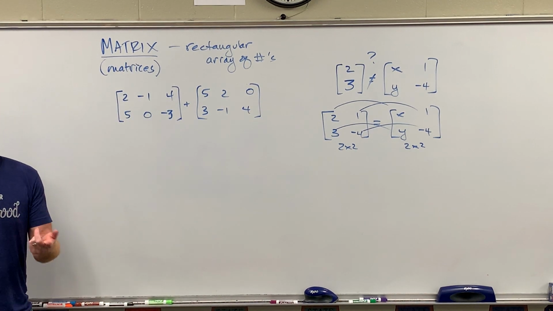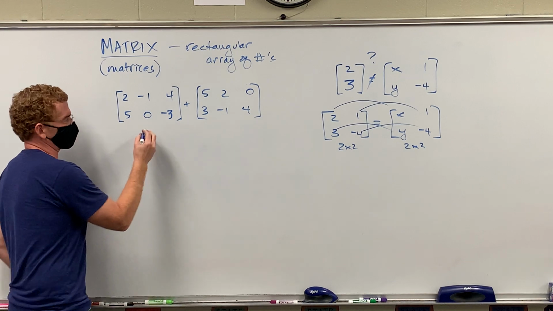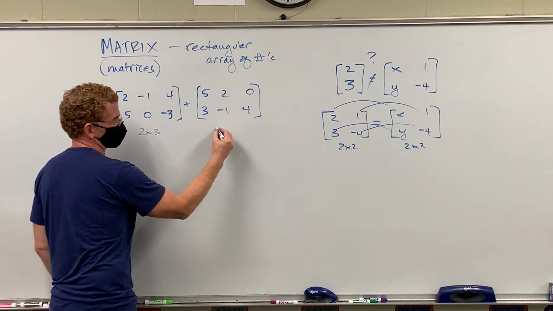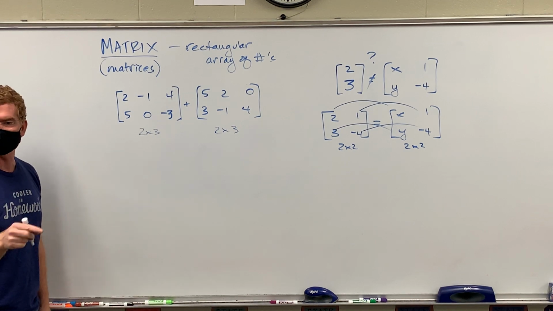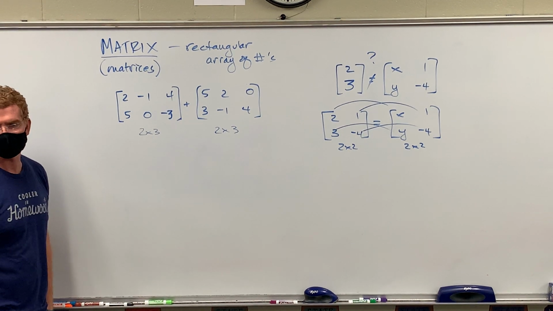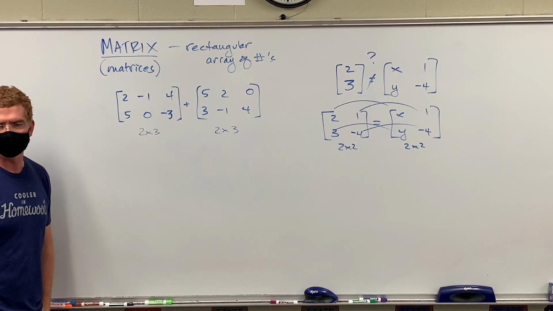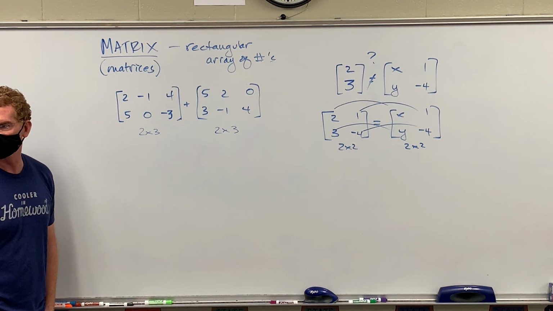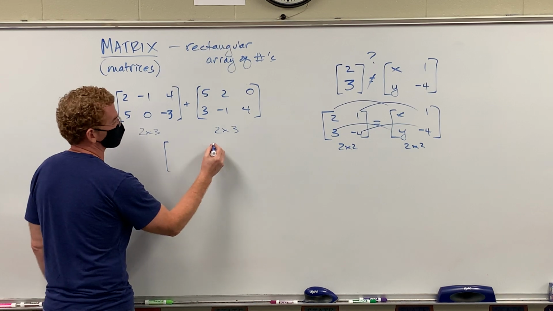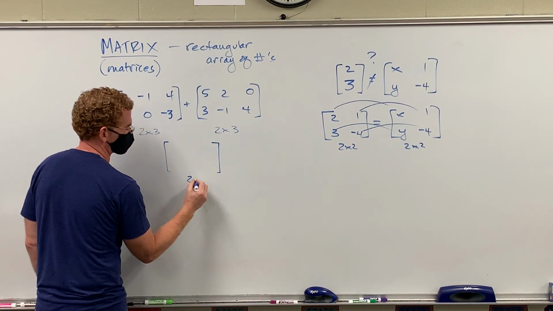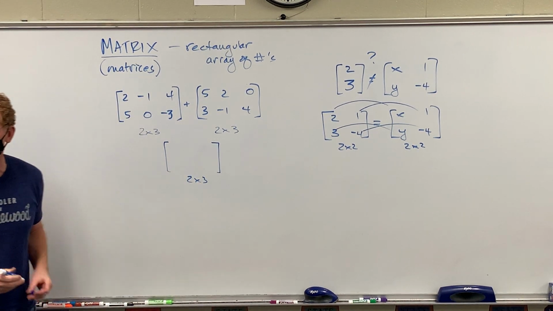To add them, you have to also have the same dimensions, and I do. I've got a couple of 2x3s here. And what would be your guess as to what size I end up with? Throw out a guess. Same size? That's true with addition. It actually is not necessarily true with multiplication, but we won't do any of that tonight.